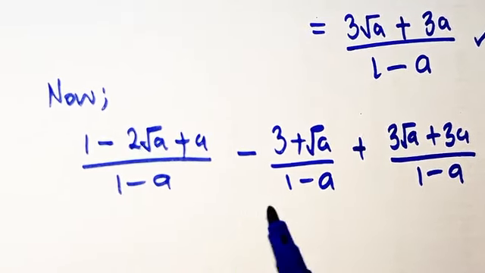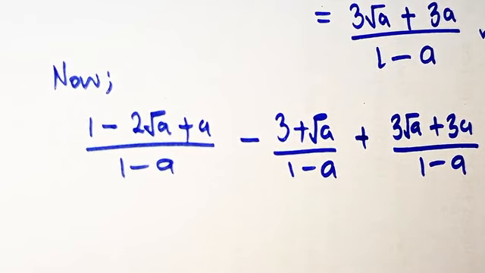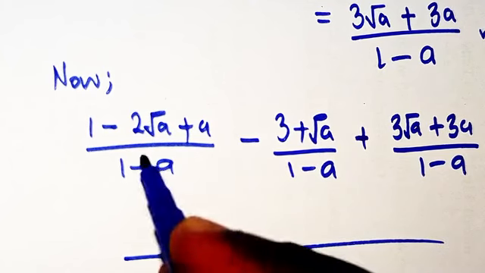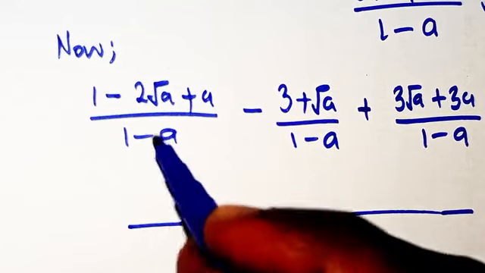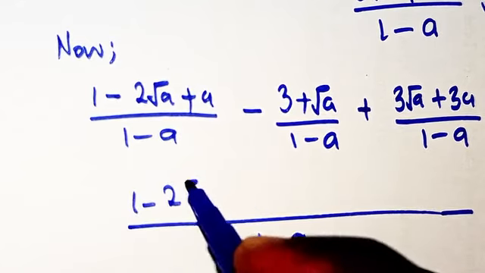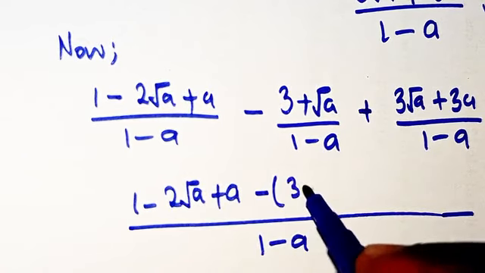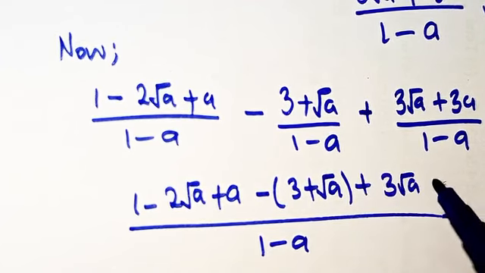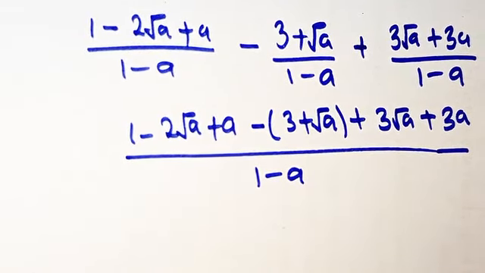You can see now that these have the same denominator, so we can now have just one denominator and add all of this together at a time. So we're going to have 1 minus 2 root a plus a, then minus into bracket 3 plus root a, plus 3 root a plus 3a. So now let's try to simplify further.